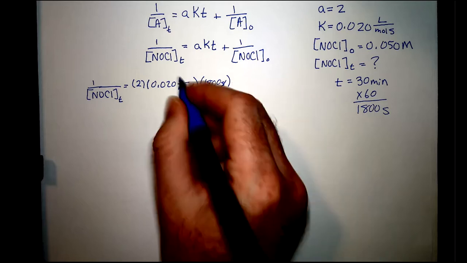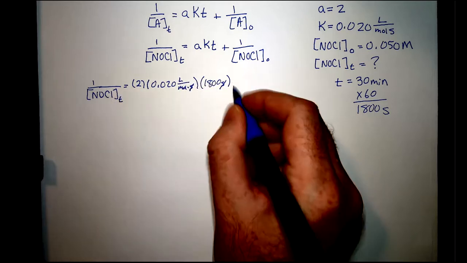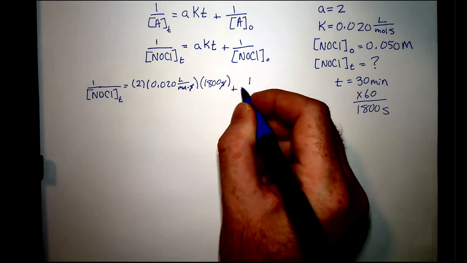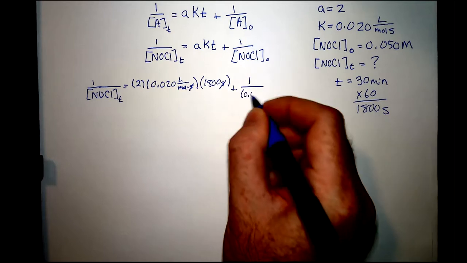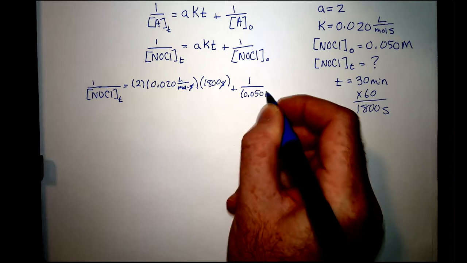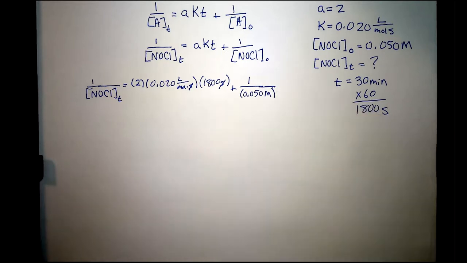And you see we've got liters per mole. That's going to match the units for inverse molarity here. And then we got 1 over our initial concentration, 0.050 molar. So we're talking about inverse molarity units there. So all of our units match, which is great.